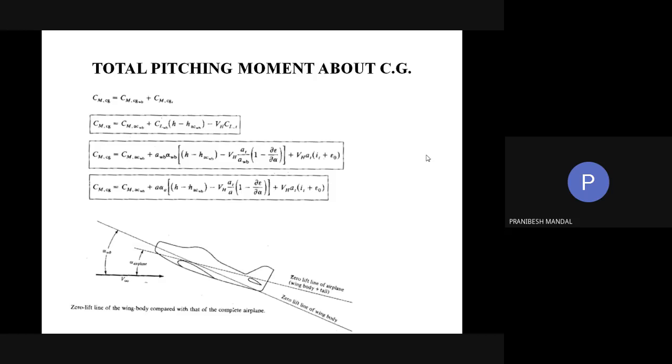Can you predict? From this equation, can you predict what is CM0? It is not very difficult.